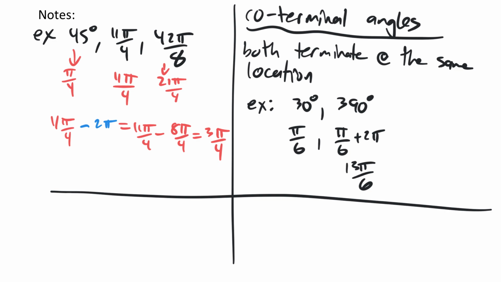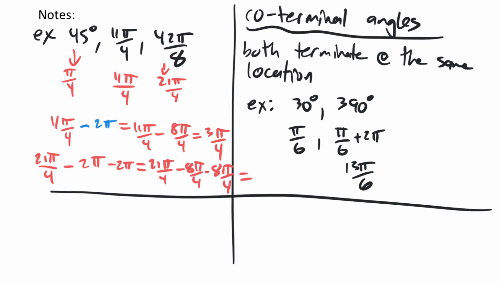So let's go ahead and grab the 21 pi over 4. And we got to subtract a 2 pi. Although that'll be 21 minus 8, which I actually don't think will get us all the way. We probably subtract 2 pi twice. So that's 21 pi over 4 minus 8 pi over 4 minus another 8 pi over 4.